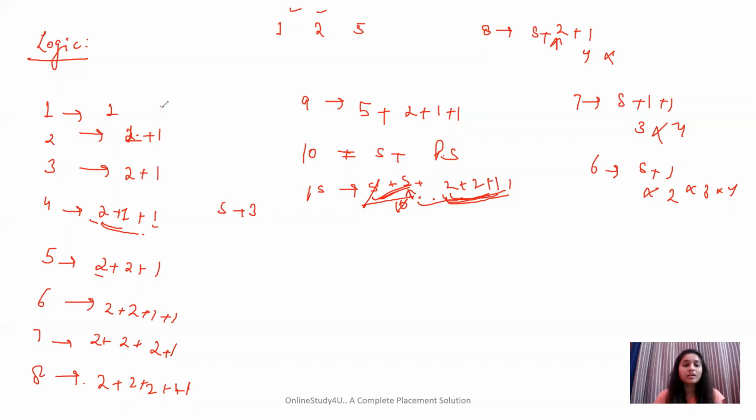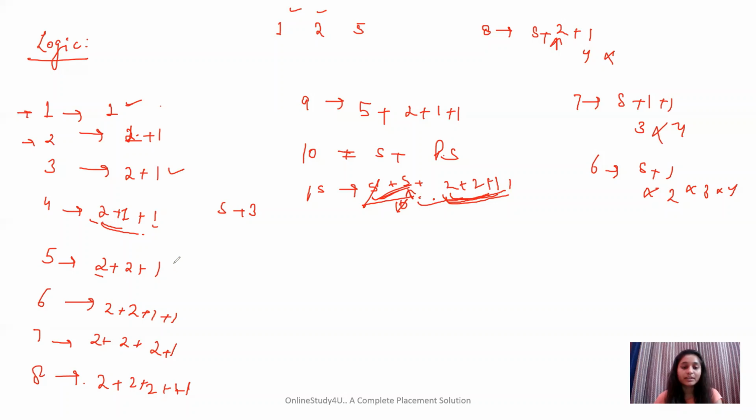Now see here, we will observe something. For the odd number I am having only one 1, and for the even number I am having two 1s. You can observe this in all the numbers. Let's see for the odd numbers. For 1 I am having only one 1. For 3 I am having one 1.